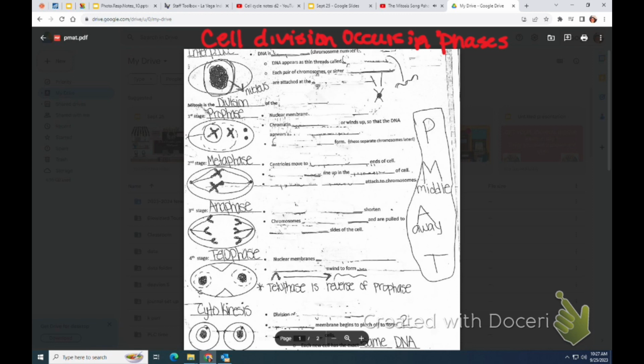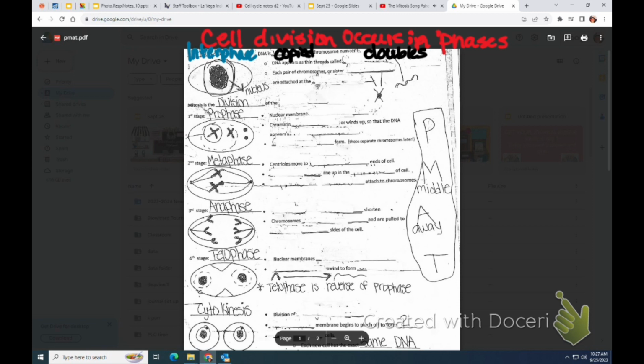So the first one here, you're going to put, if you can't read it, interphase. Interphase. In this, DNA is copied. The chromosome number doubles.